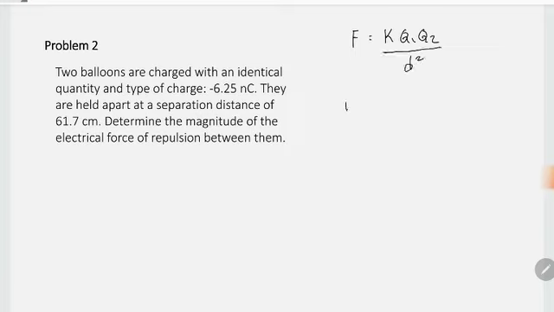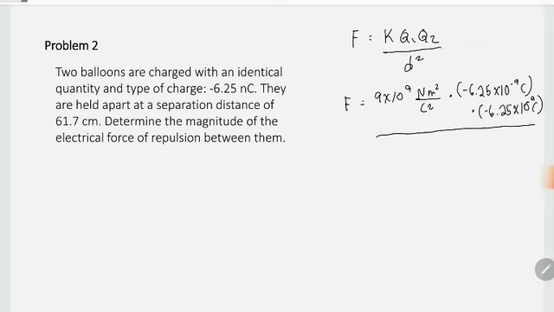D squared. So F = 9 times 10 to the 9th newton meter squared over coulomb squared. Both of them are 6.25. So negative 6.25 times 10 to the negative 9 coulomb. Okay, medyo nagipit ako sa space. 6.25 times 10 to the negative 9 coulomb divided by d squared.